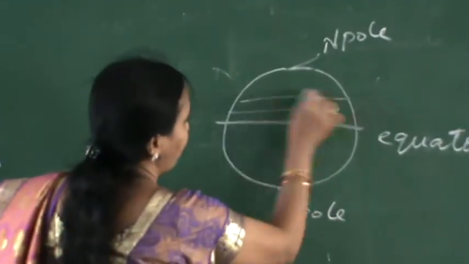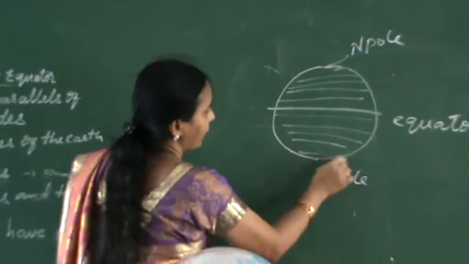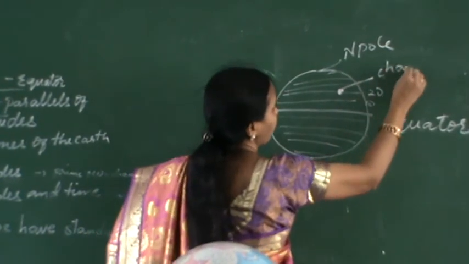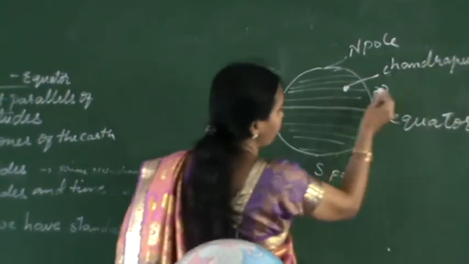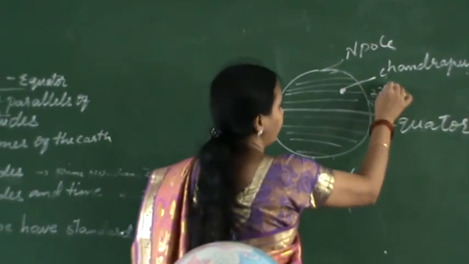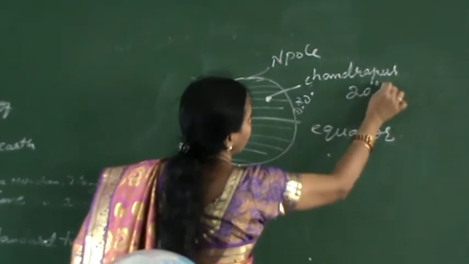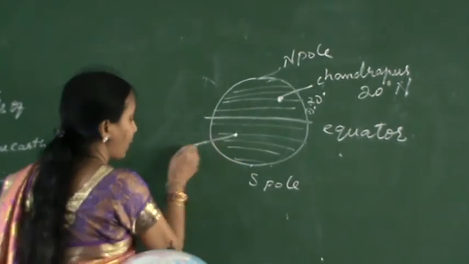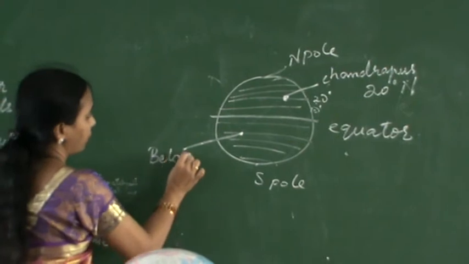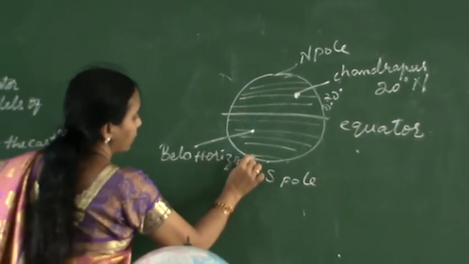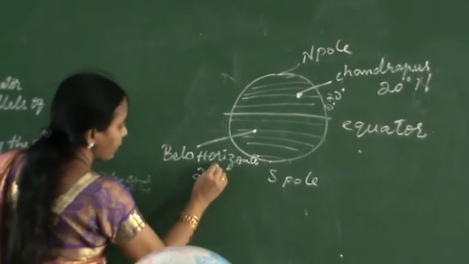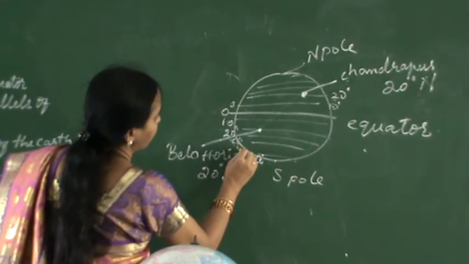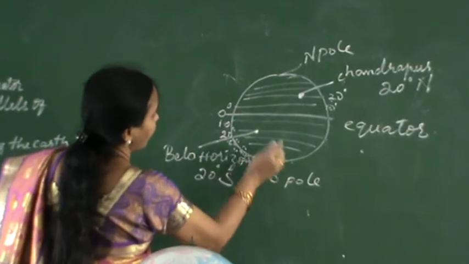Now, 0 like this. Here is Chandrapur, which is on 20 degrees latitude north, which is denoted by the letter N. And here is Belo Horizonte, which is 20 degrees south, up to 90 degrees.